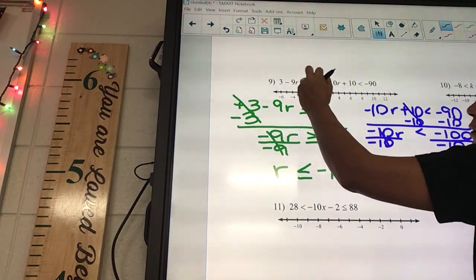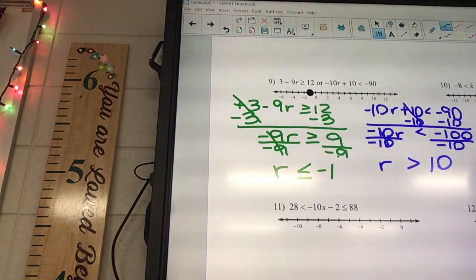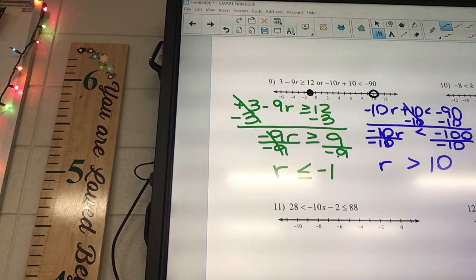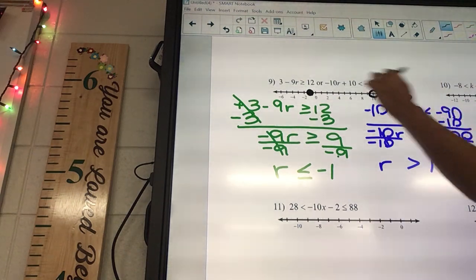Closed. What about the 10? It's going to be open. Is this going to be an and or an or? It is an or. So is it going to be pointed in or out? Out.